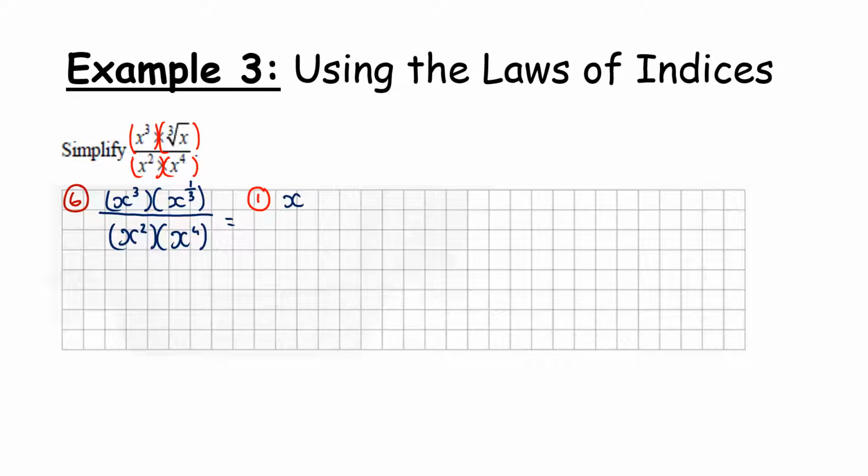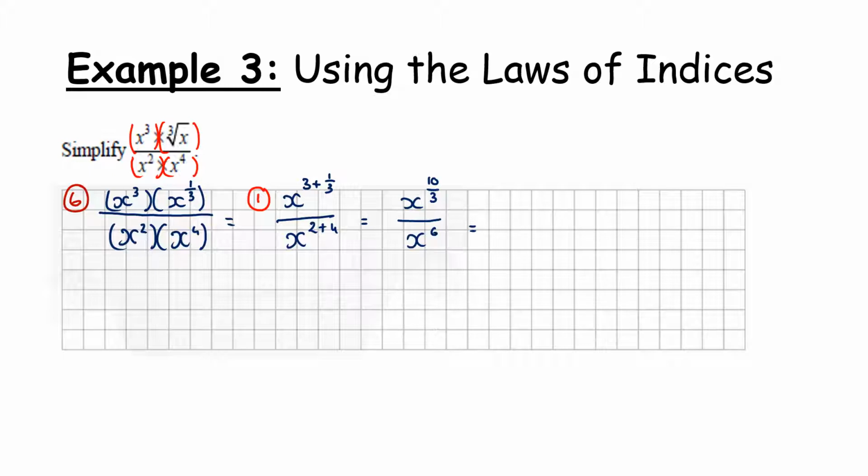So I get x to the power of 3 plus a third, all over x to the power of 2 plus 4. Simplifying this out, I get x to the power of 10 over 3. Remember, keep these as top-heavy fractions, over x to the power of 6.